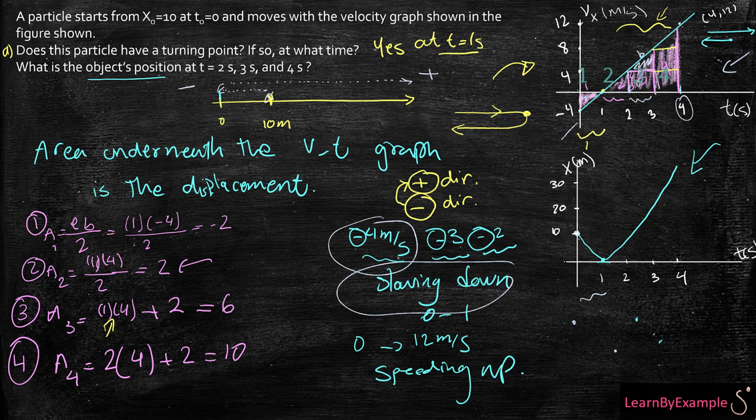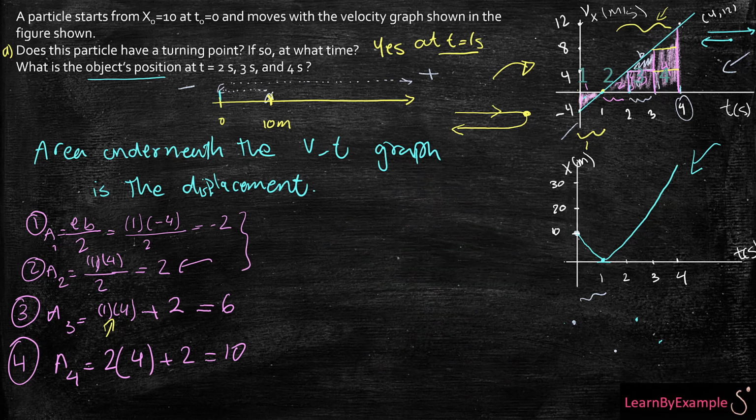Now, what would be the object's position at 2 seconds? So let's look at this. At 2 seconds, I'm going with triangle 1 and triangle 2 added together. I just got rid of everything here. So it would be 2 minus 2, which is 0.